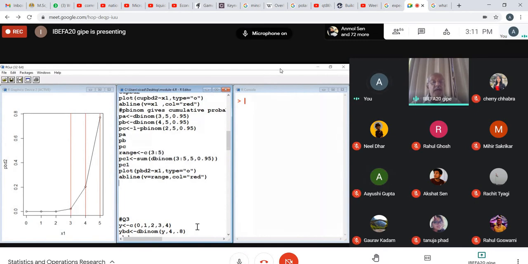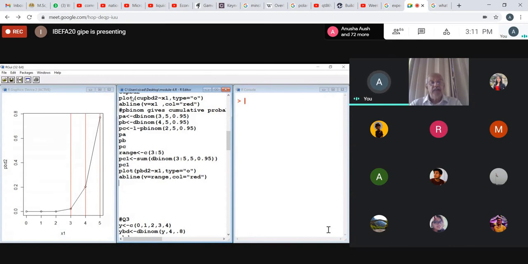Sir, in the syntax, especially when we are plotting, we type equals to o. What does that part do exactly? Type means show the probabilities by a circle, the small letter o.